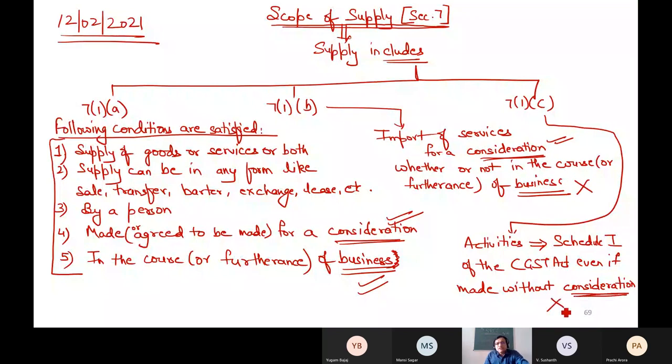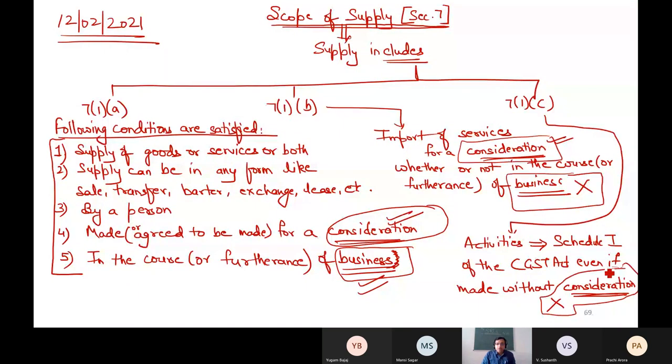Whether business is necessary or not, it is not written in the Act. I hope the point is clear.